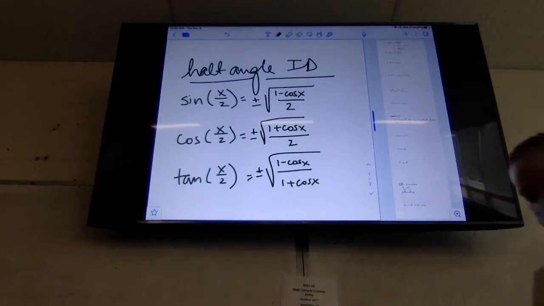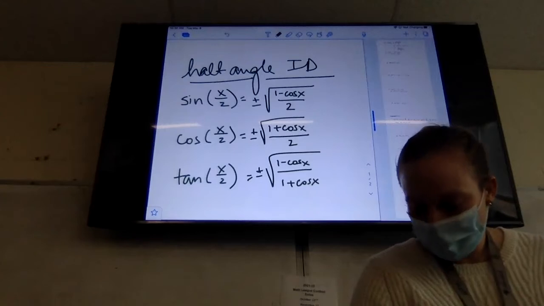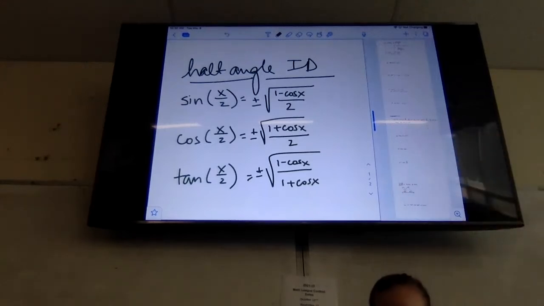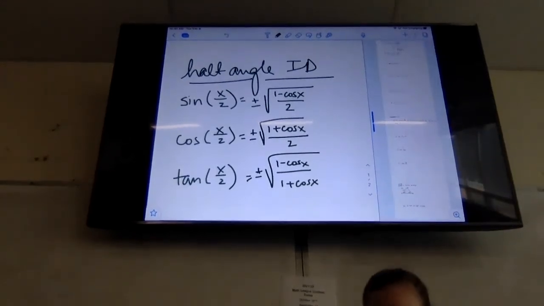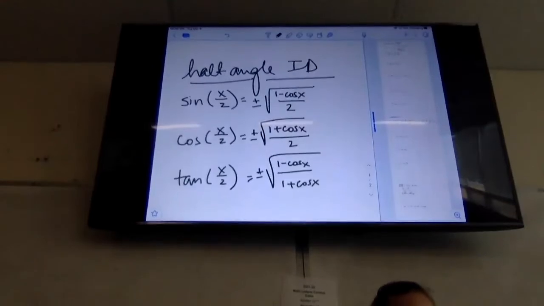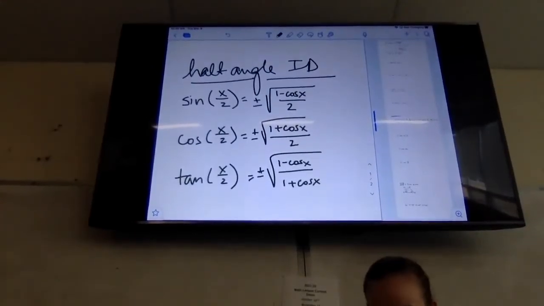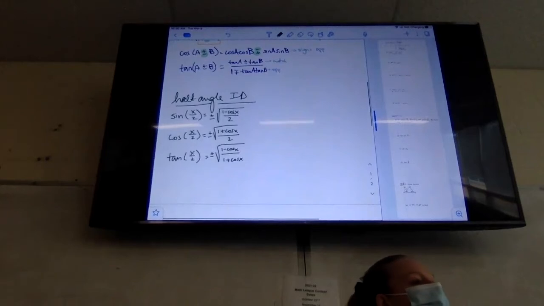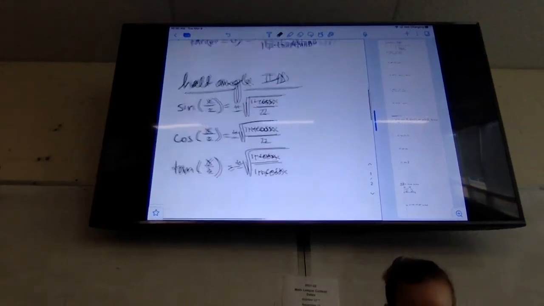All right, any questions yet? All right, can I do the double angles now, or are we still doing half angles?